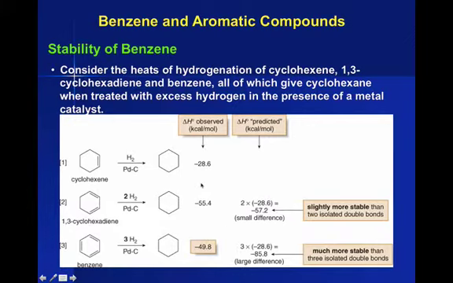If we take the cyclohexene value and multiply it by 3, we should have gotten about 86 kilocalories per mole of energy. The difference here is quite large. So benzene is considerably more stable than a molecule that is just three isolated double bonds. And it's this added stability that makes benzene aromatic, makes it extremely stable.